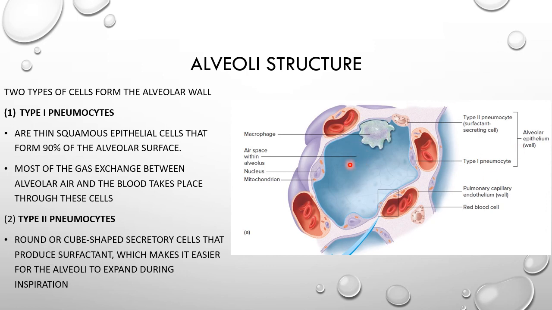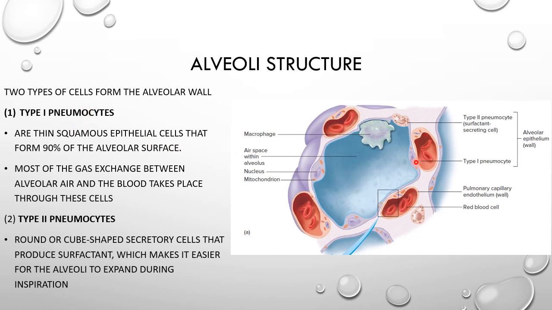You have two types of cells that form the alveolar wall. So you have a type 1 pneumocyte and a type 2 pneumocyte. When you say type 1 pneumocyte, sila yung nagla-line of most of the alveolar surfaces, no? About 90% yan yung lining niya, made up of type 1 pneumocytes.